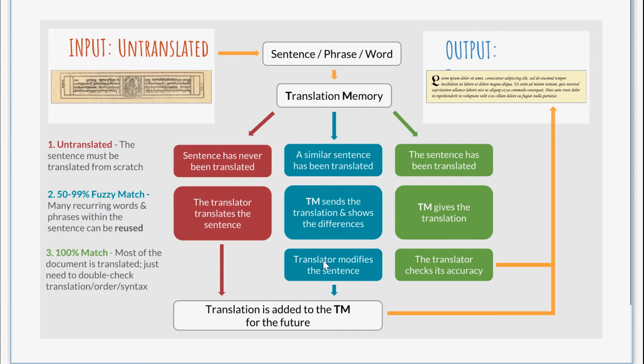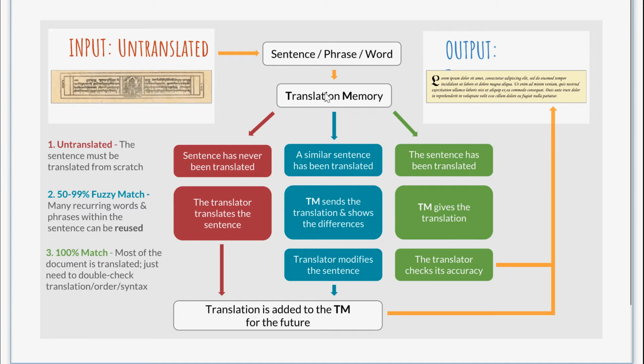In that case, the CAT tool will be able to find similar TMs and arrange them in order from the closest match to the least close match. And then the translator can modify, edit the sentence, and then that new segment is added to the TM memory bank.